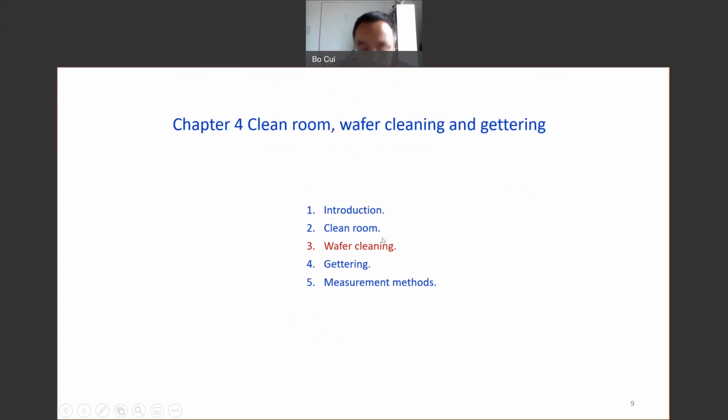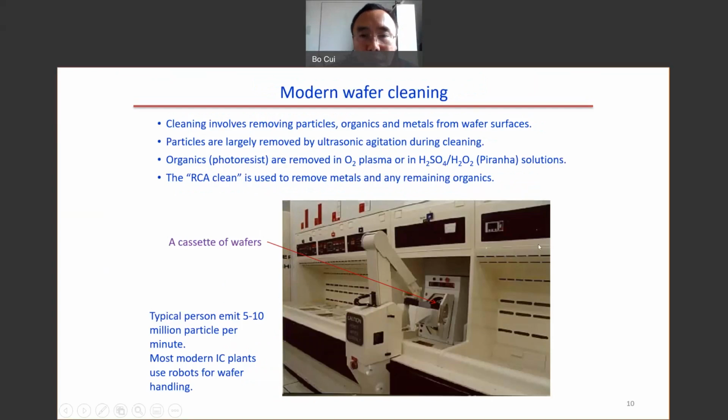So now let's look at the wafer cleaning. In cleaning, we remove the particles, organics and metals from the surface. Particles are mainly removed by ultrasonic agitation, so in the clean room we have ultrasonic cleaning. Organics are burned away by oxygen plasma or by a very oxidizing solution like Piranha.